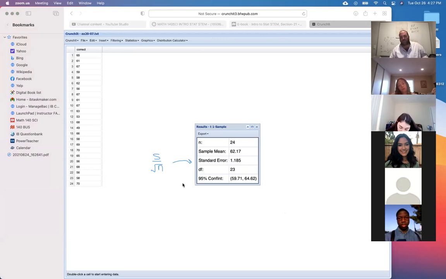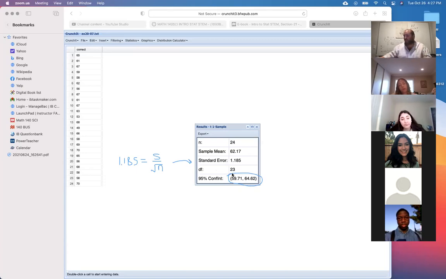If the problem said, what is the standard deviation, I would say 1.185 is the standard deviation over the square root of n, the square root of 24, and use that to calculate S. But they don't directly give me S. That's okay, because they give me what's most important, which is the actual confidence interval.